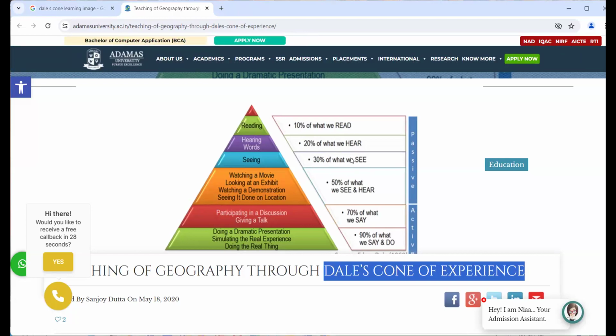If you show them visuals and realia, they remember only 30% of what they see.